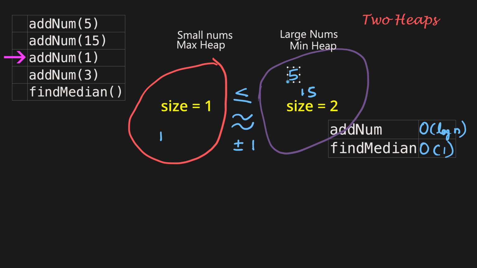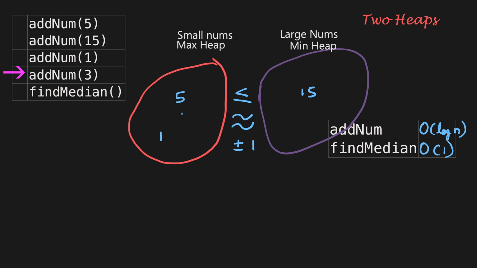And now, since the small nums heap is smaller, we move the root with value 5 from large nums to small nums. And at this point, if findMedian is called, the median will be the top of small nums, which is 5, as small nums has more elements than large nums.